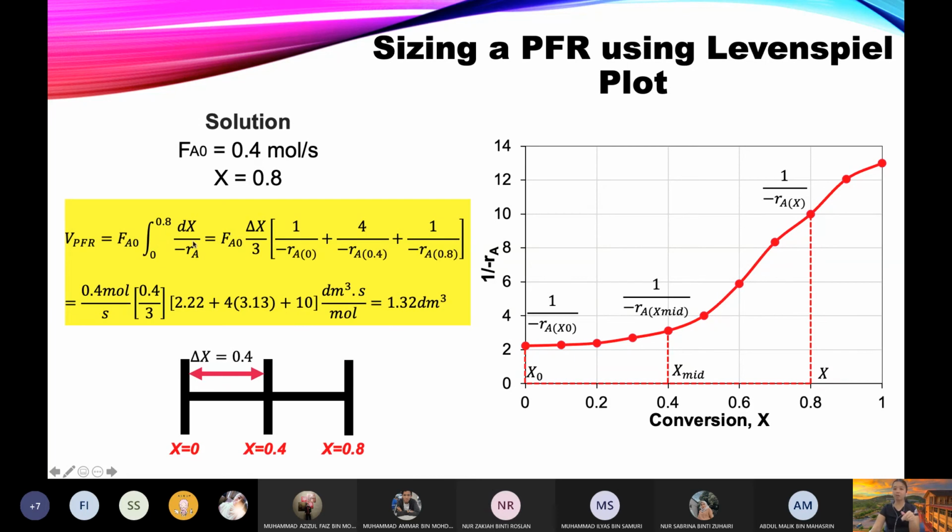The integral of dX per minus RA in the form of the plot becomes FA naught delta X per 3, in brackets 1 per minus RA when my X is 0, plus 4 per minus RA when my X is 0.4, and plus 1 per minus RA when my X is 0.8. You must understand this part. FA naught 0.4, delta X is the same as the earlier example, still 0.4 divided by 3.